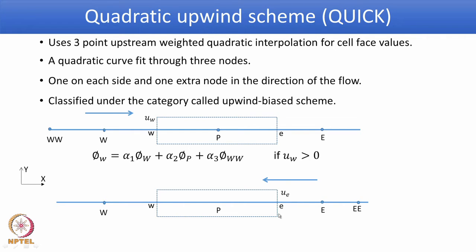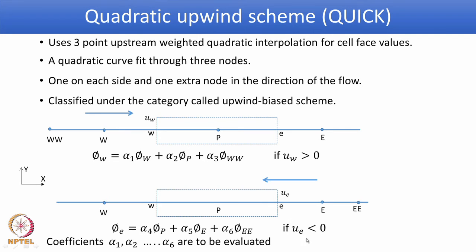Now, we want to find out, for this case, the variable on the face E. In such a case the expression is as shown here: for phi at E, on this face you have 2 neighboring nodes, one at E, another one at P, and one more node upstream in the direction of the flow, that is EE.